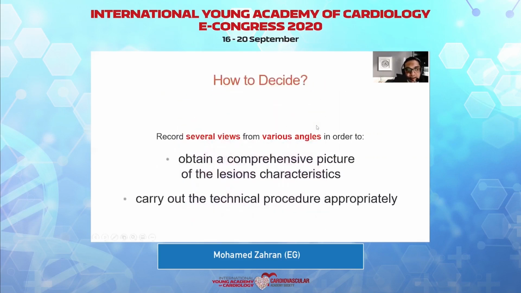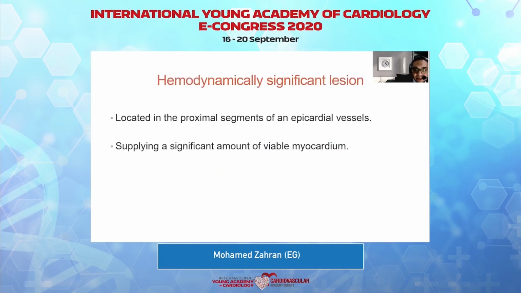So the next step is how to decide regarding this bifurcation, how you're going to plan your intervention procedure. You need to record several views from various angles in order to obtain a comprehensive picture of the lesion characteristics, of course, and to carry out the technical procedure appropriately.